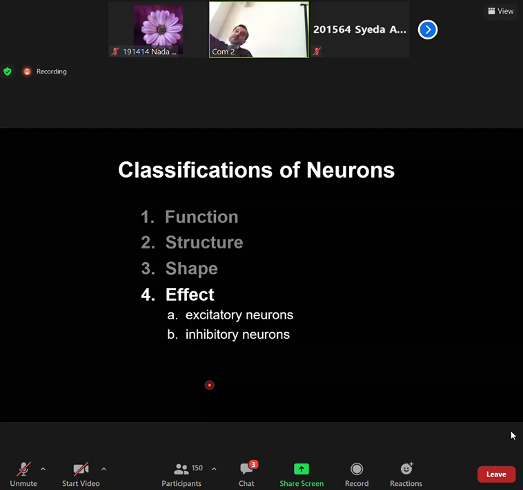For example, pyramidal neurons are present in the cerebrum. Purkinje type of neurons or granule cells or basket cells are present in the cerebellum. So based on the shape, you can classify them, and then based on the effect, the neurons can be classified.